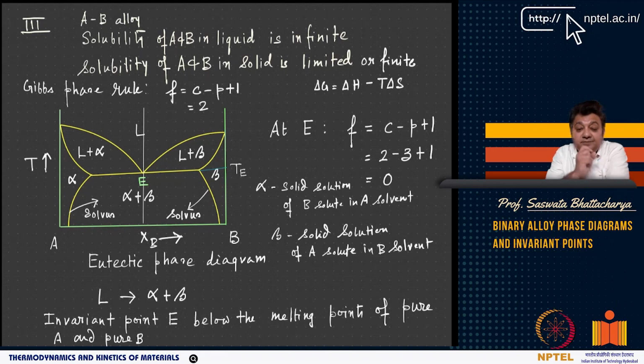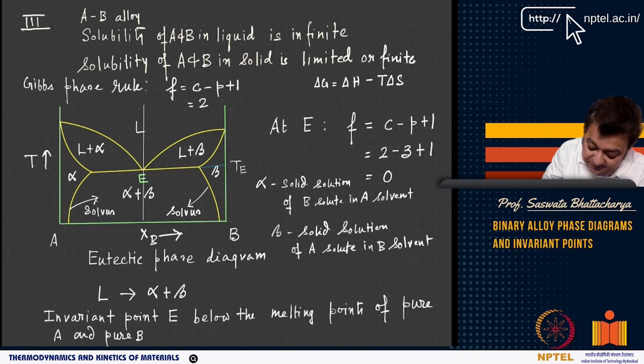This eutectic point represents the lowest melting point of the solid. If the solid has this composition, then below the eutectic temperature it has only alpha plus beta.